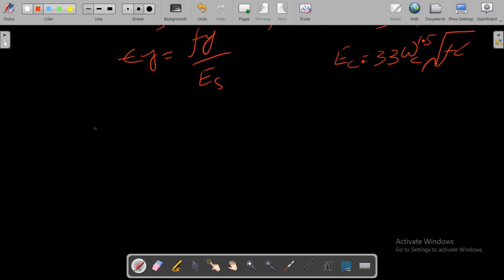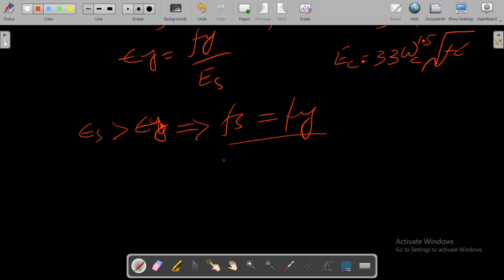How to check it? If epsilon s is more than epsilon y, this is important, it means our assumption Fs equals Fy is right. What does it mean?